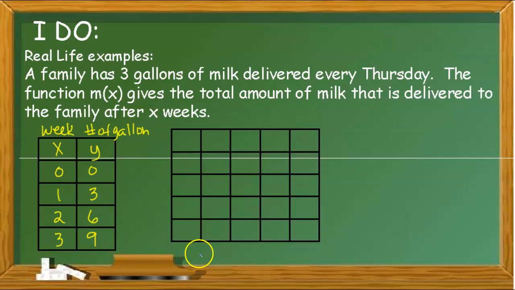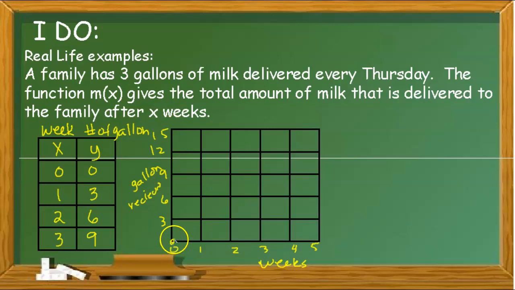And so again, I could go to my table, and this would be the number of weeks delivered, and this would be my gallons received. As I was talking about earlier, you could always change this to do whatever. In this case, it would make a lot of sense to go up by 3s. So just pay attention.